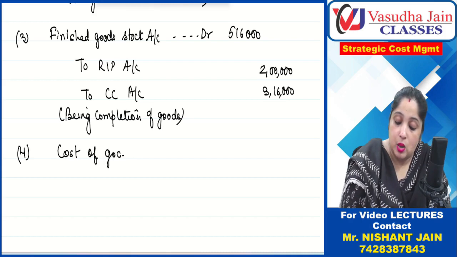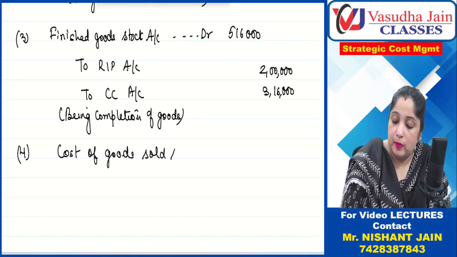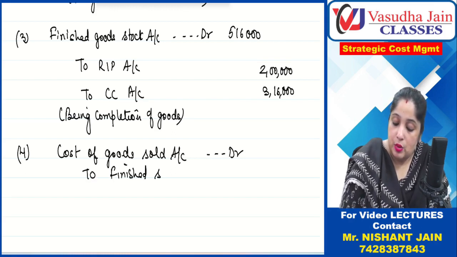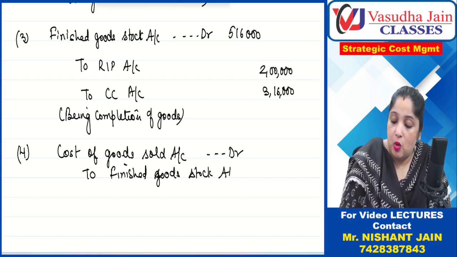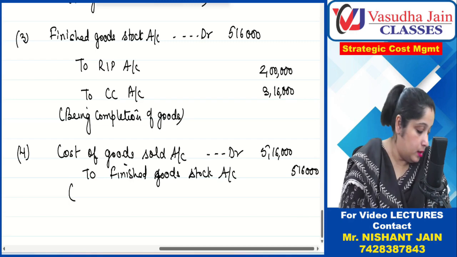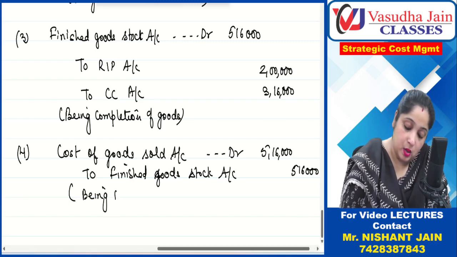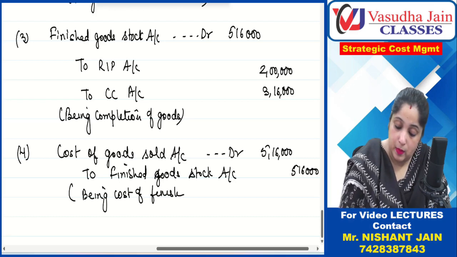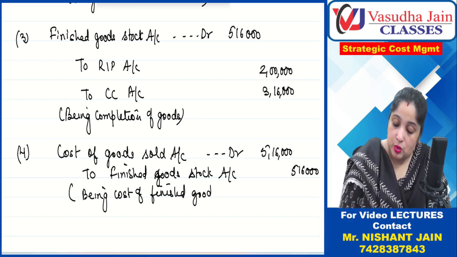Cost of goods sold account debited to finished goods stock account. You can remove the word stock also, you can keep it also, that is not the main part. Being cost of finished goods sold transferred.